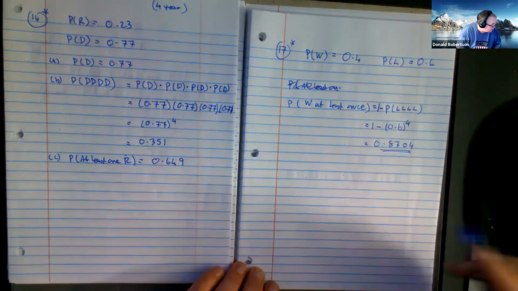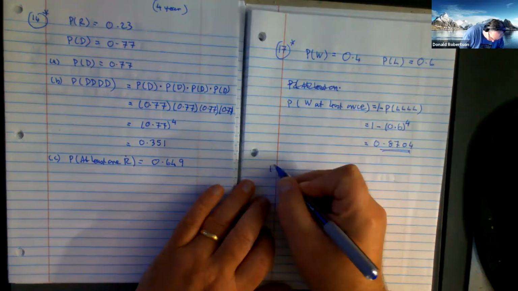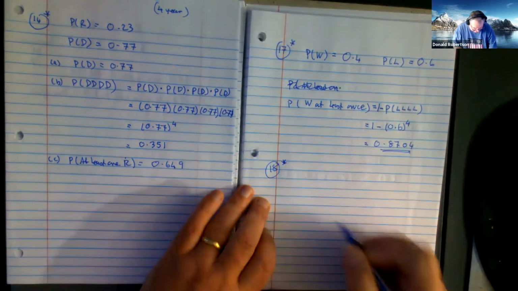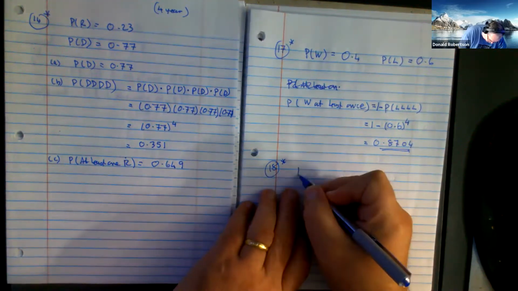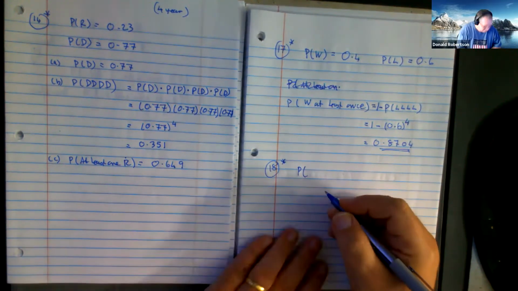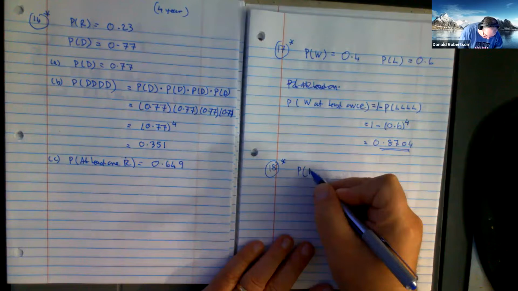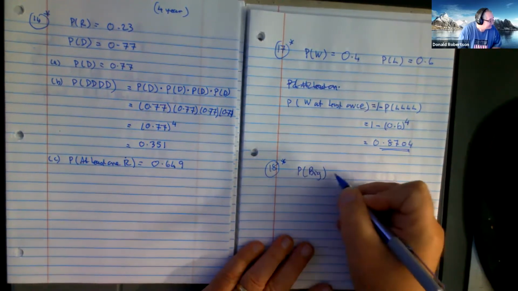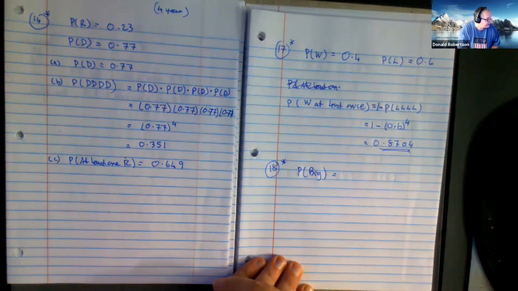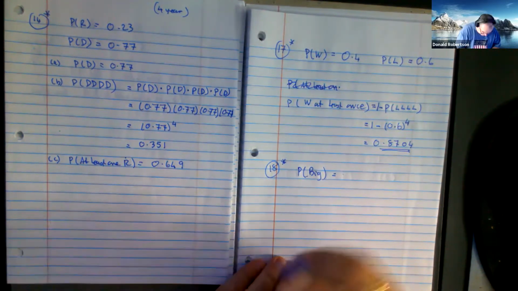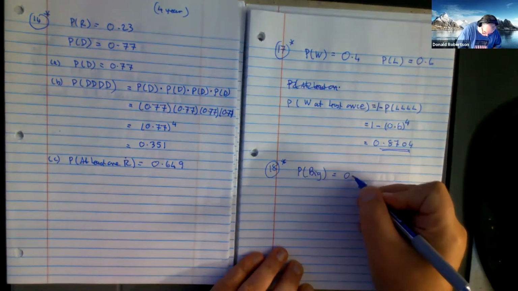Right. Last one of this type, and then I'll go back to some of the earlier questions. Again, it's going to have an at least one. This waitress, the chances that she gets a big tip, and a big tip for her is anything that's more than 20%, is 0.26.